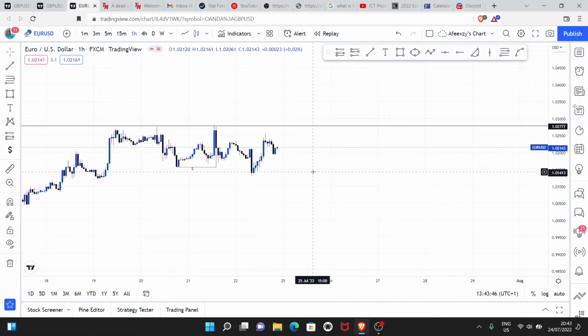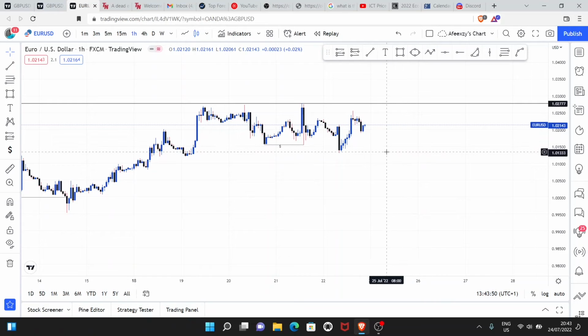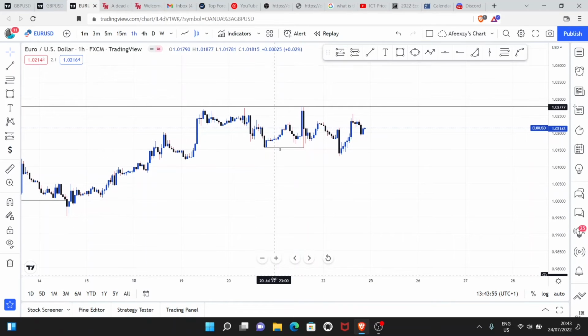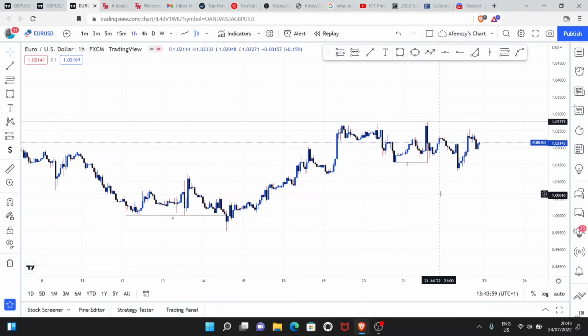So EURUSD is not that clear on where it will likely move to next week, but right now what the price does here will determine where I will trade the EURUSD, because next week can just open and see the price moving very bullish or going bearish.